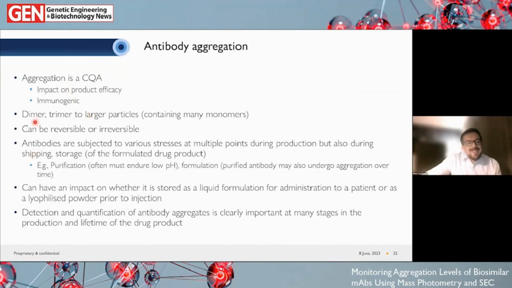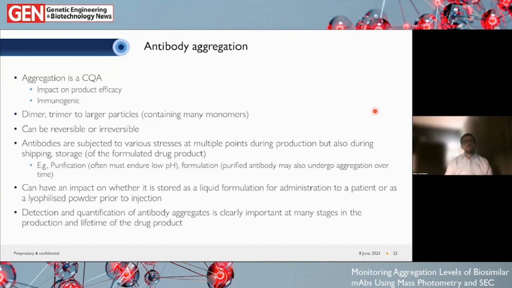So what is an aggregate? This is a question that I'm often asked, and it's certainly not necessarily tied to large particles. In the antibody aggregation detection space, it could be a dimer or trimer through to larger particles that would consist of many monomer units.